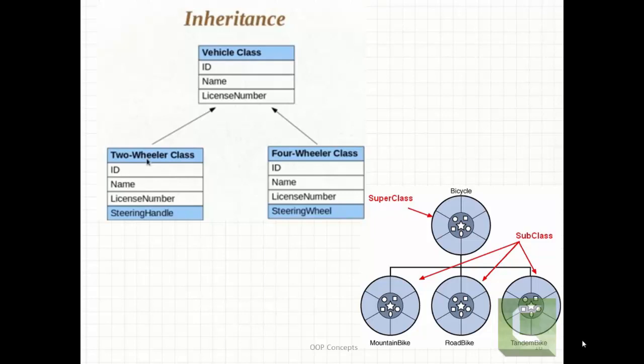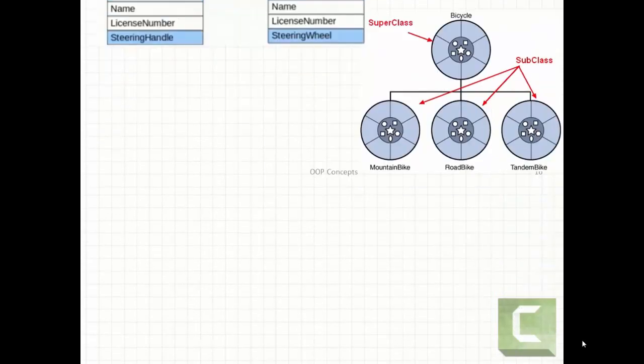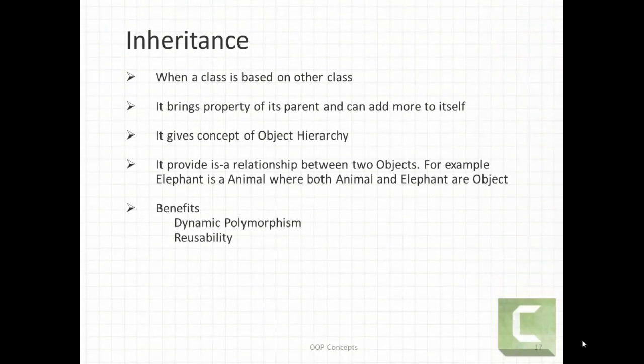Second example, if you see, is the class bicycle, which is being extended by other subclasses like mountain bike, road bike, tandem bike. So these are three child classes which are inheriting some properties from their parent class. To summarize, when a class is based on another class, that is where it is called inheritance.